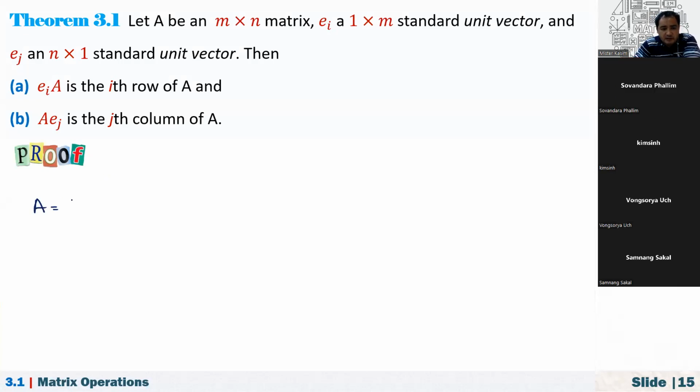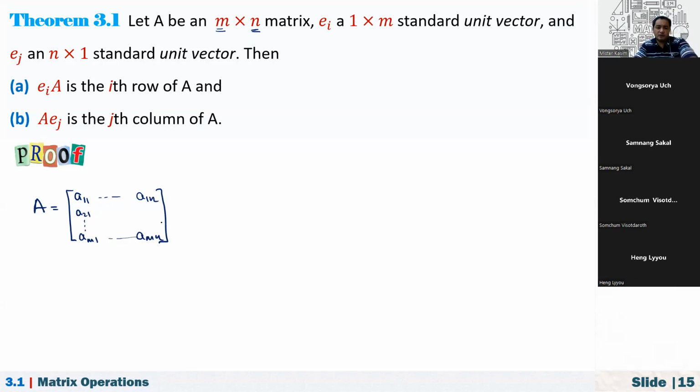Here we have A, and here we have these elements, and it has m rows and n columns. So here we have A11 through A1n, and also here we have A21, and here we have Am1, and the last one is Amn. We're talking about this kind of matrix.